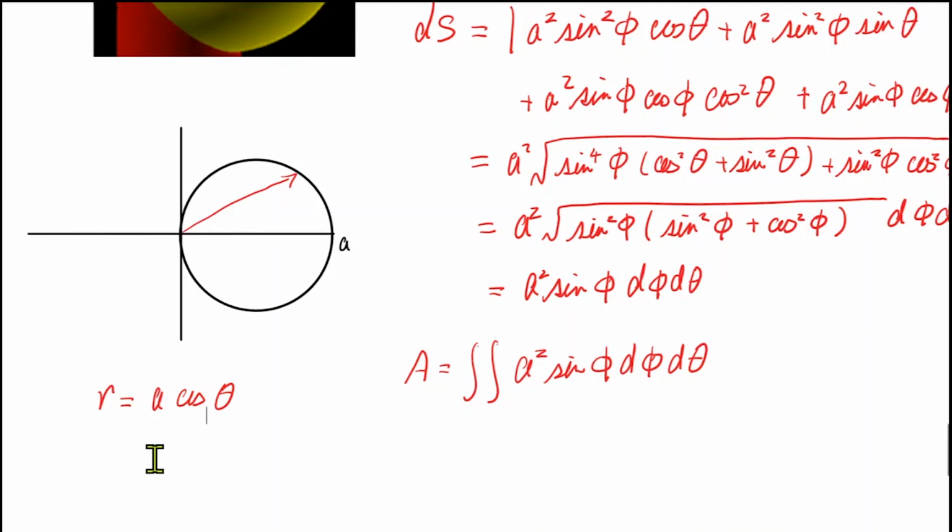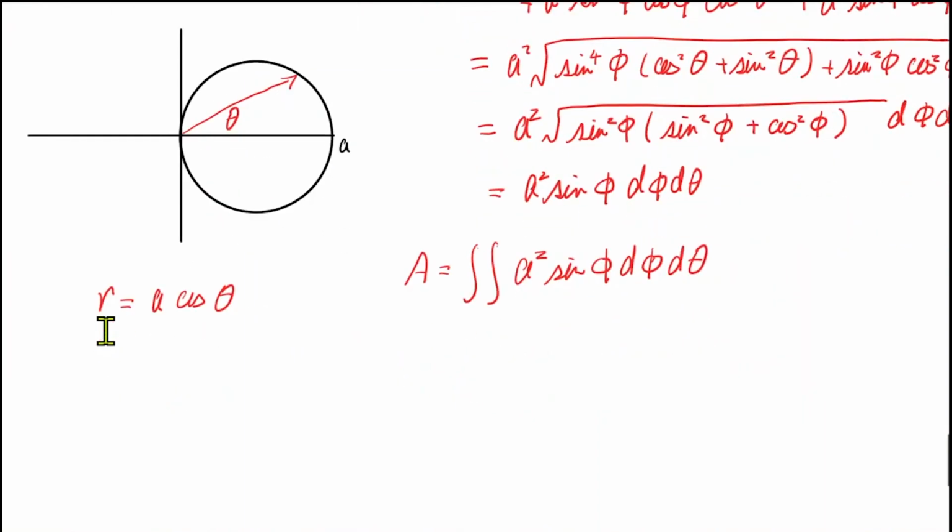Now I have to find the relation, because I cannot just create another variable. This is between phi and theta. And phi is not shown in this picture. This is theta, isn't it? So I cannot just say, oh, phi, right? Then I have to find the relationship between these things.